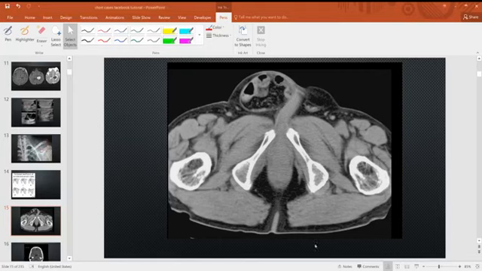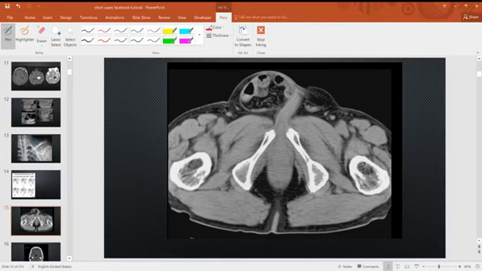Okay, let us see. As you said, this is inguinal hernia, and it is in the scrotum, and it is indirect inguinal hernia. You have the fat here, and you have the small bowel here, small bowel and fat, and there is another small hernia on the left side.